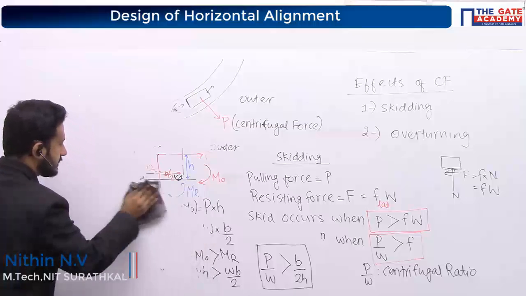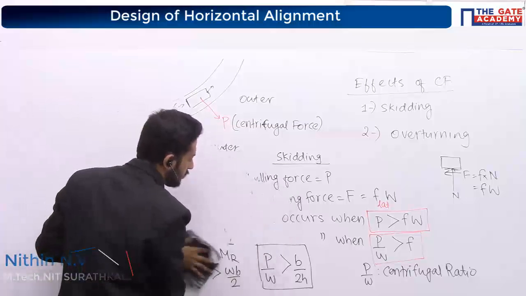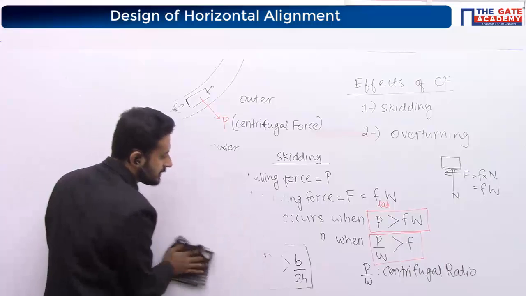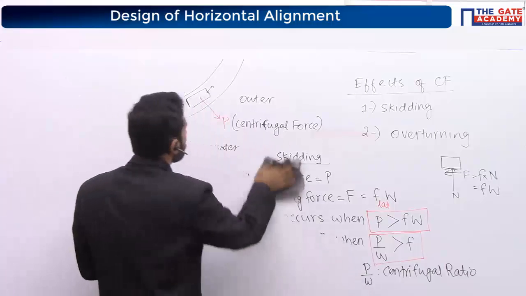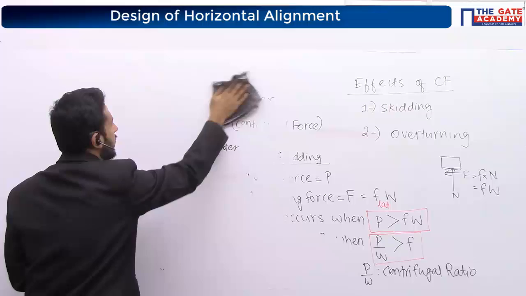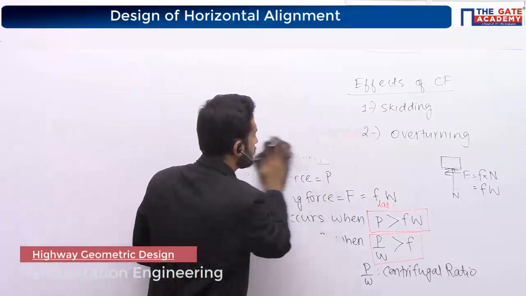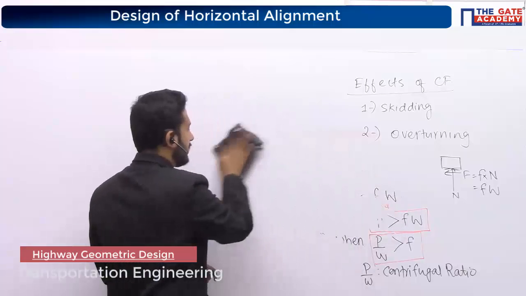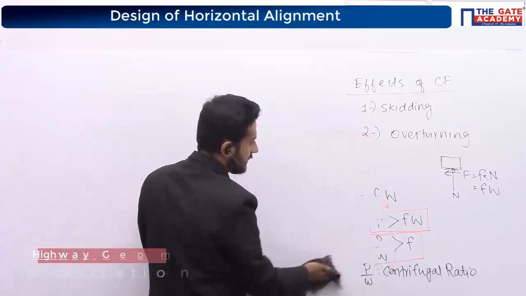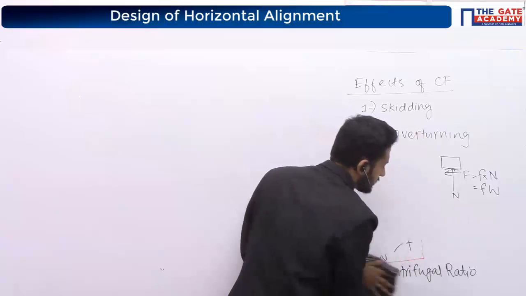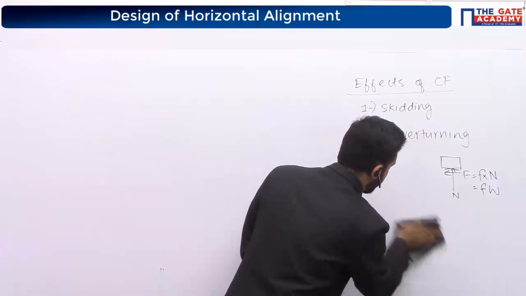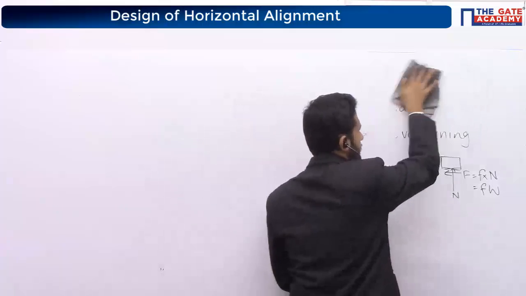Remember these things. This is why we are giving super elevation. So don't simply study super elevation directly. Why we are giving super elevation, that we should know first, and only then is there meaning in studying super elevation. So understand all the concepts, then study, then most of the things you will not forget. That is more important for us.